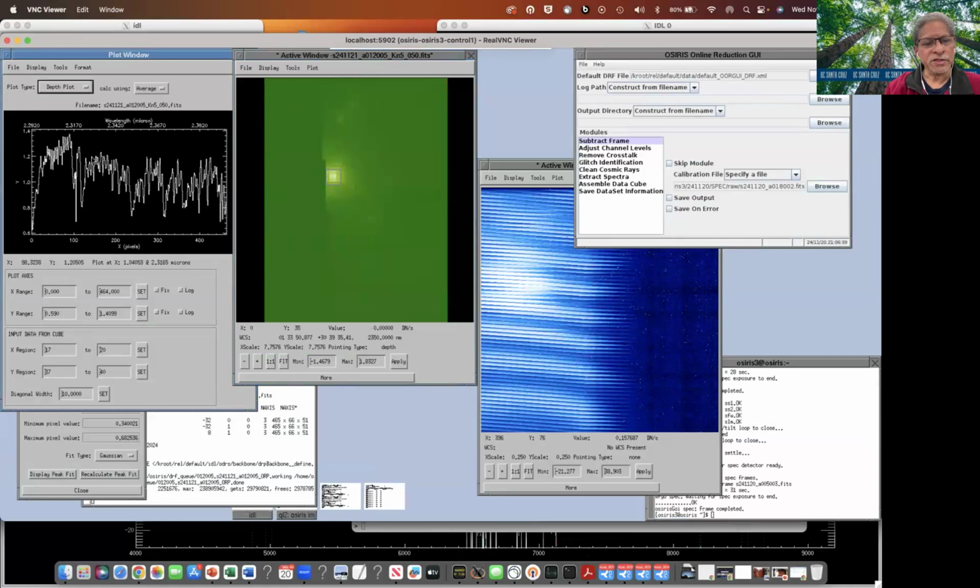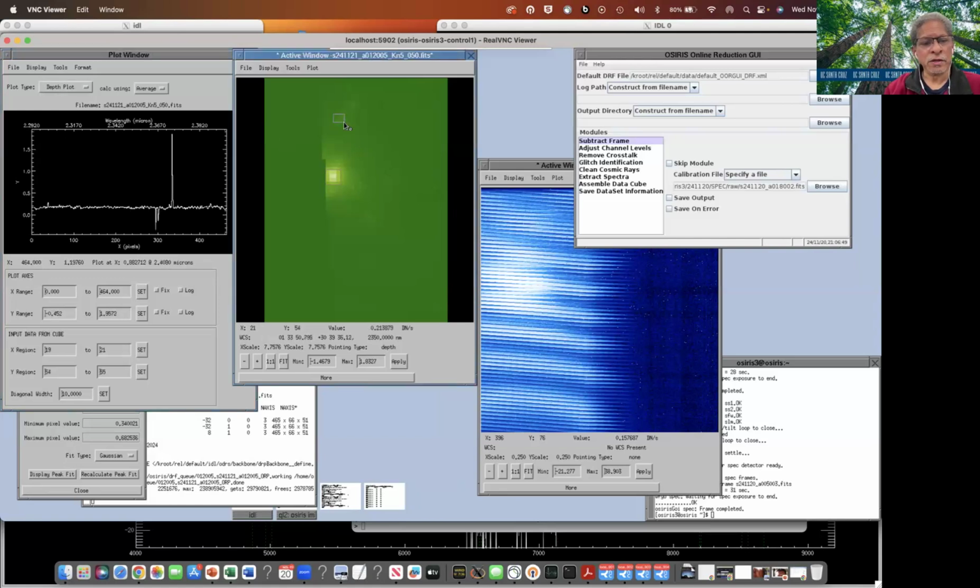I'm just intrigued by these two absorption lines. There's a third one here at 240. Let's see if we can find that in the other spectra. Yeah, it's too noisy. Yeah, you can see it there, 240. It's right there. This is that feature.